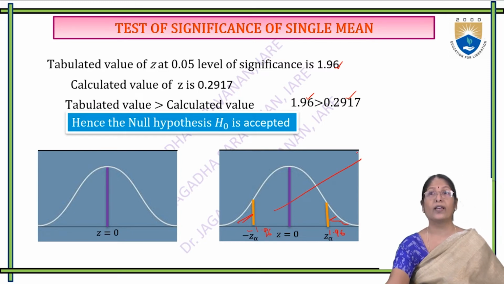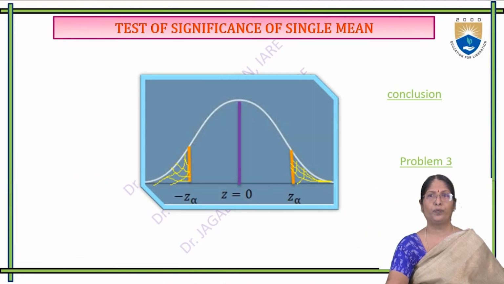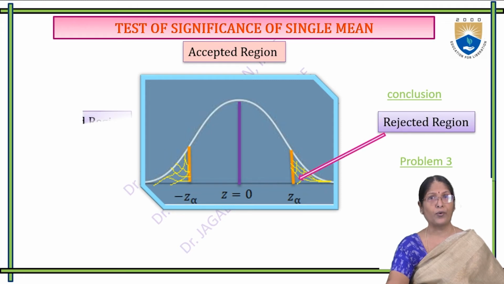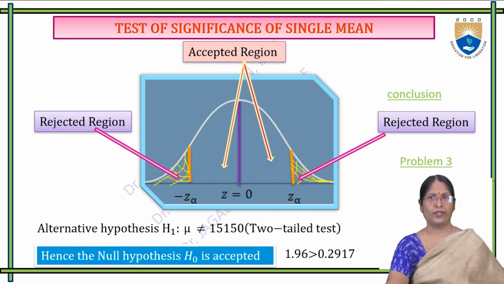This area is accepted. The remaining two tails are rejected areas. In the picture given, the arrow marks denote very clearly which regions are rejected and accepted.